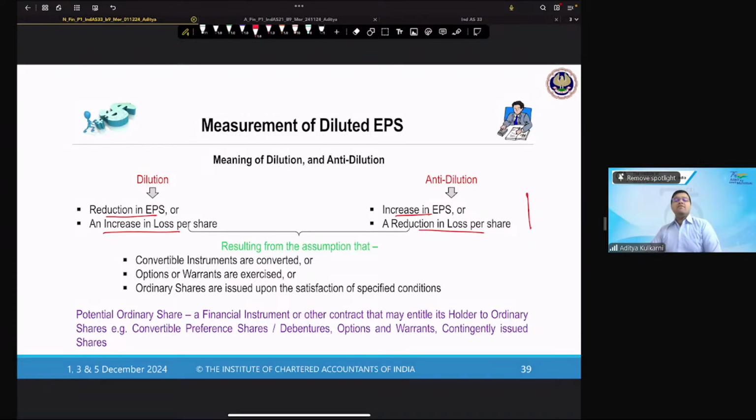So why do I have this diluted EPS? This is one of the forward-looking numbers present in your financials.